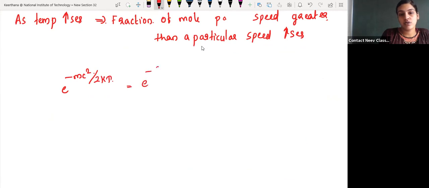Actually, you can also write e raised to minus E by kT, but that is not needed here for 11th. So e raised to minus mc square by 2kT is known as Boltzmann factor.